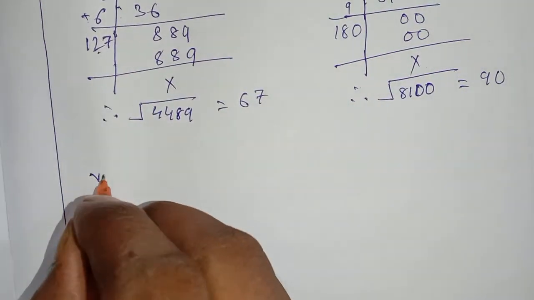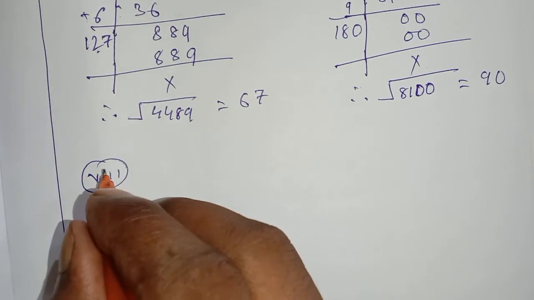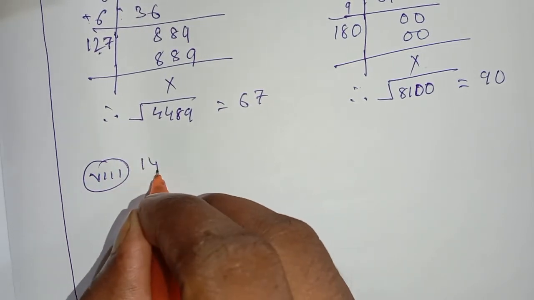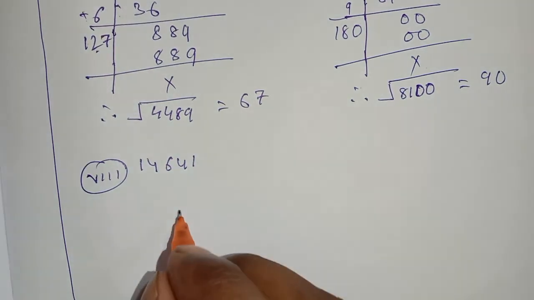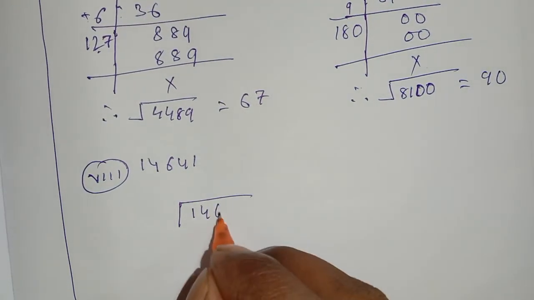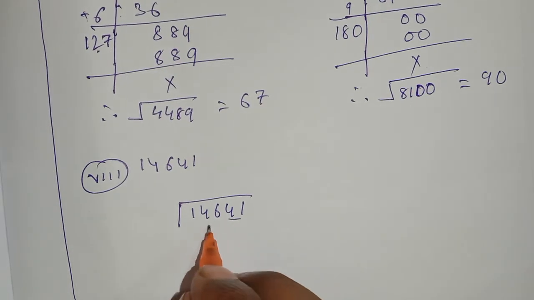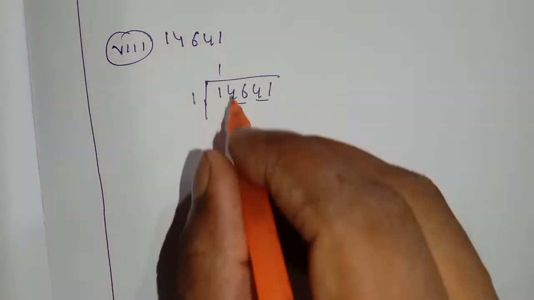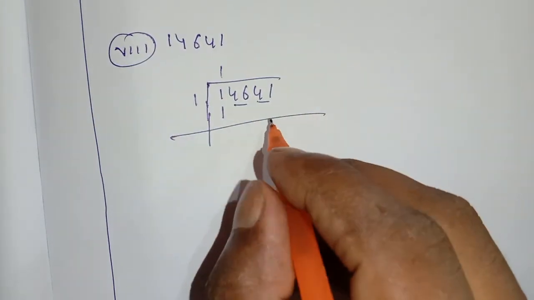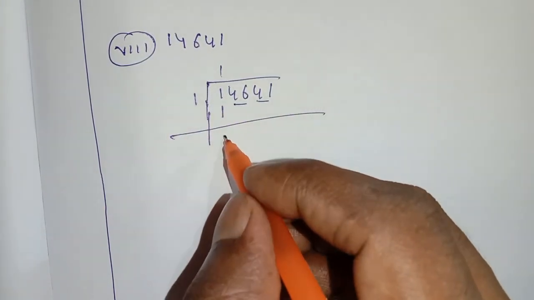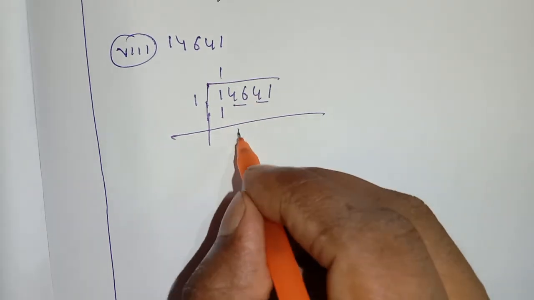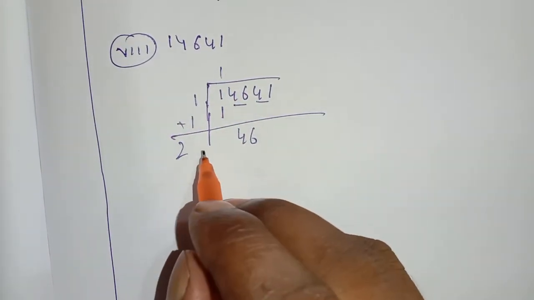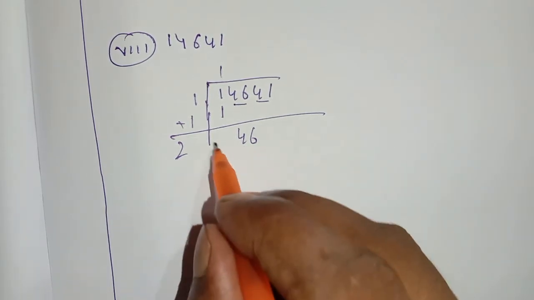Next number 8, 14641. Now see these two, now left 1. This means 1 time will go. 1 1 is 1, cancel. Then now 1 minus 1 cancel. Now you bring down both numbers 46. Now 1 plus 1 means 2. With 2 what number will be put, then we will get 46.